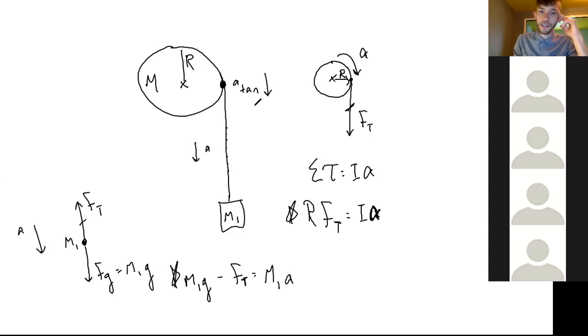Is that correct? Yeah. Okay, so everyone should remember that for objects moving in a circle, we can think about tangential quantities. So this thing is rotating, and it's speeding up as it rotates. So I have these tangential accelerations that are pointing like this.